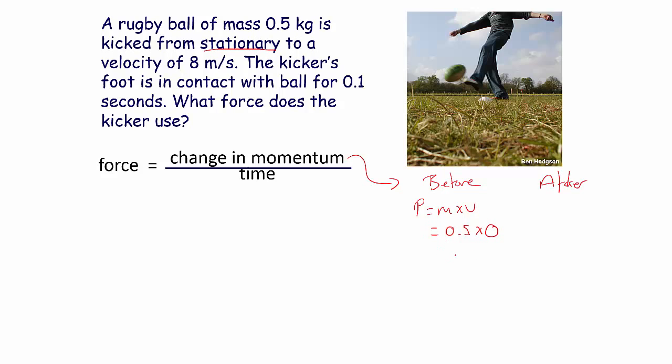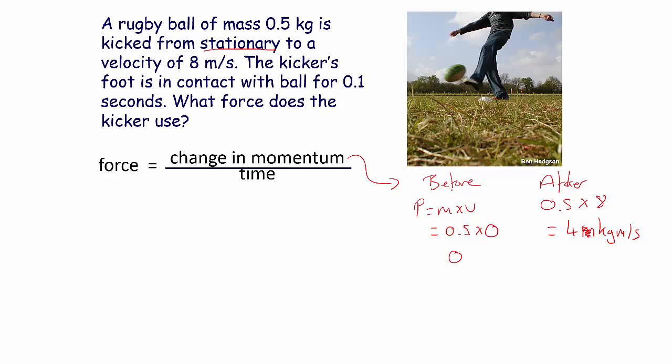Which means our momentum before is actually quite simple. It was equal to 0.5 times 0. Afterwards, it was still having a mass of 0.5 kilograms, but it was travelling at 8 meters per second. That means that it had a momentum of 4, and again, kilogram meters per second.